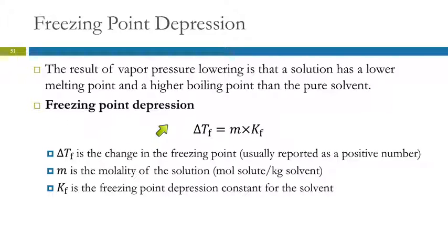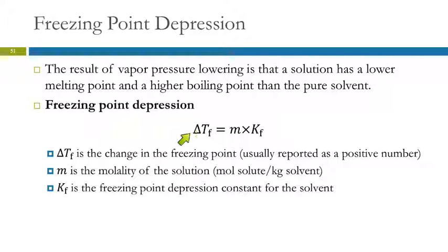Freezing point depression: the change in the freezing point is the molality times a constant. This is called, very concisely, the freezing point depression constant, KF. Molality is the unit used here, and in part that's because molality doesn't change with temperature.